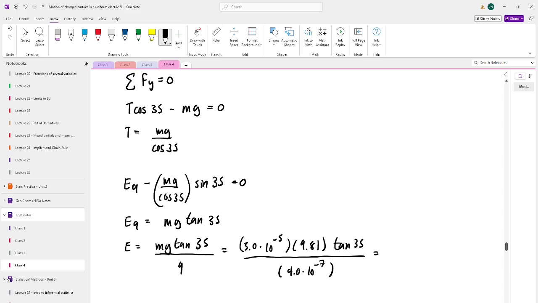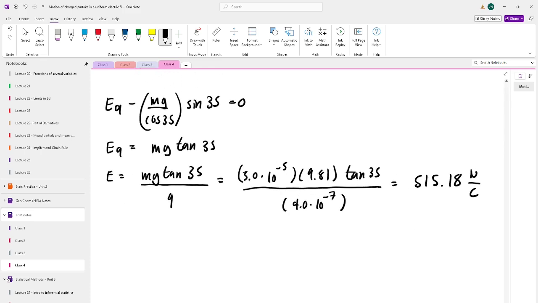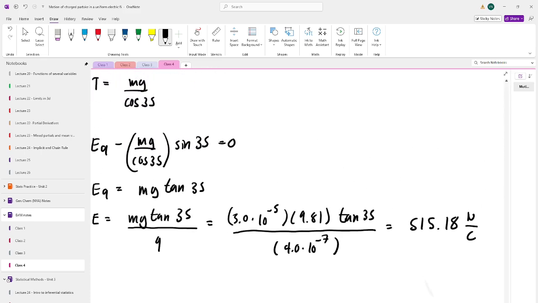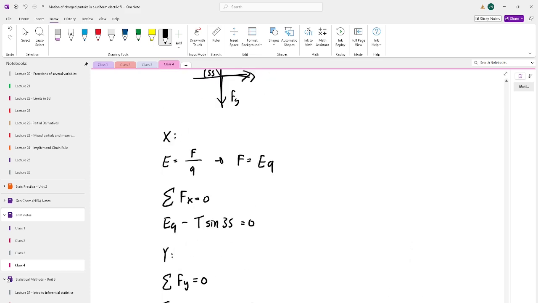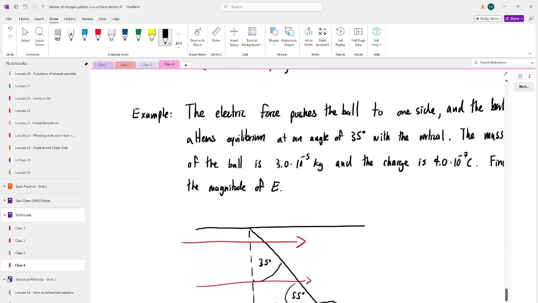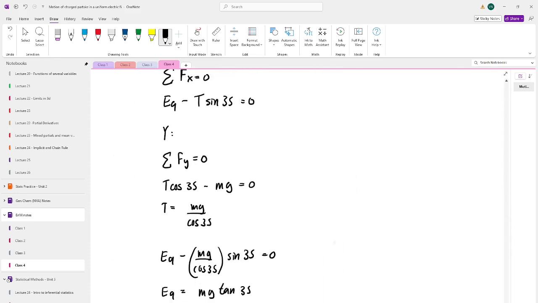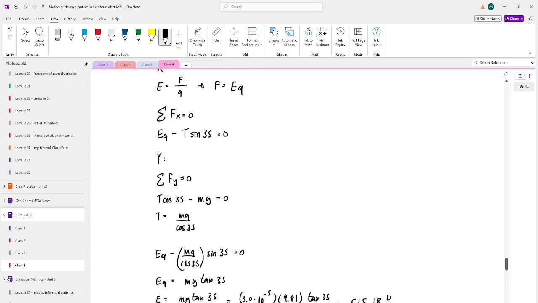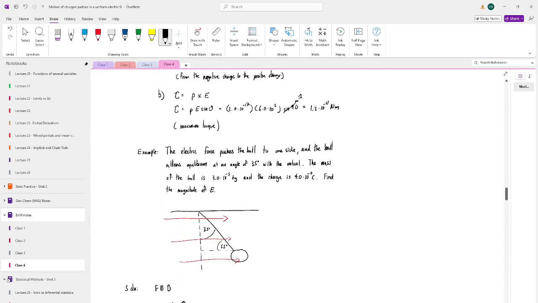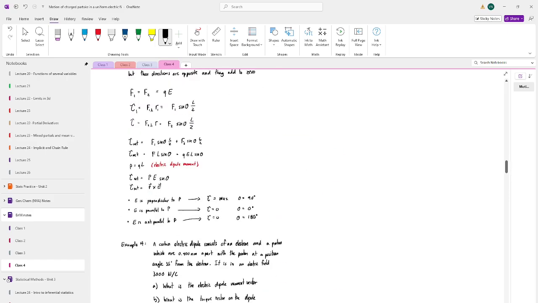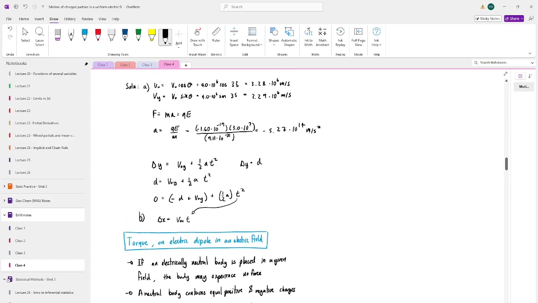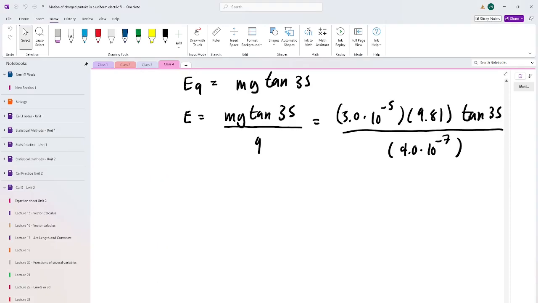So I'm just going to punch this in my calculator. So I get that the electric field is equal to 515.18 newtons per coulomb. And keep in mind that this is in the positive x direction, as is shown in the illustration above here. So that is the last example for this chapter. So let's move on to the next chapter.